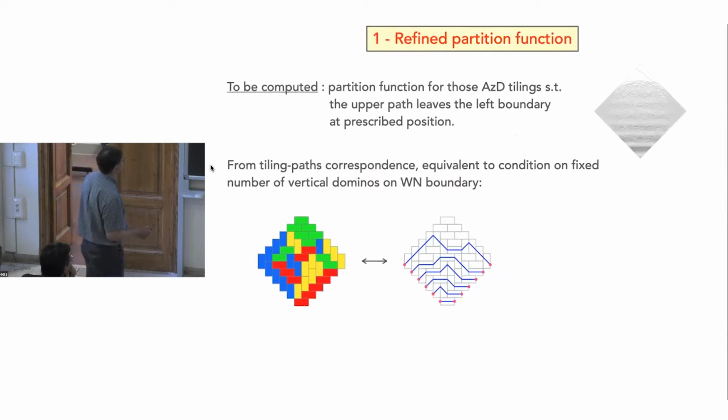So the refined partition function. You want the upper path to exit the boundary at some prescribed point. Now, in terms of the isomorphism between the path and the dominoes, it's clear that the exit point will be the point where on the western north boundary, the domino changes from being vertical to being horizontal, and that's exactly the point where the path will exit.